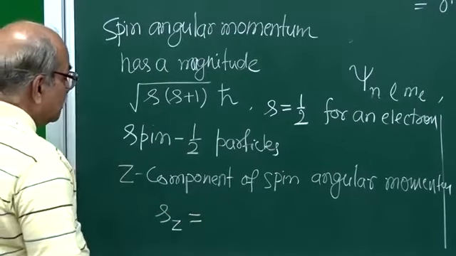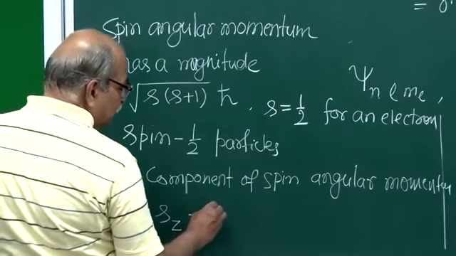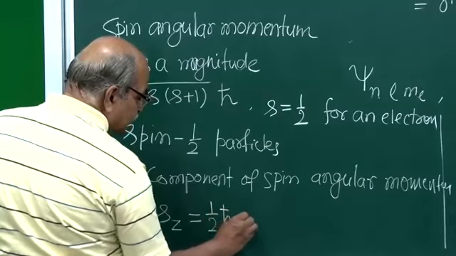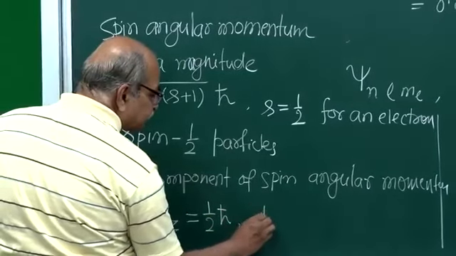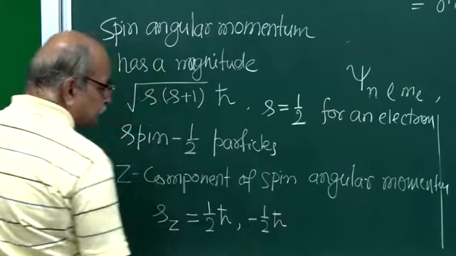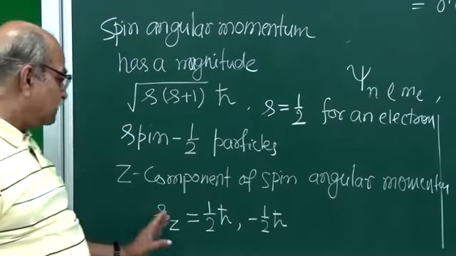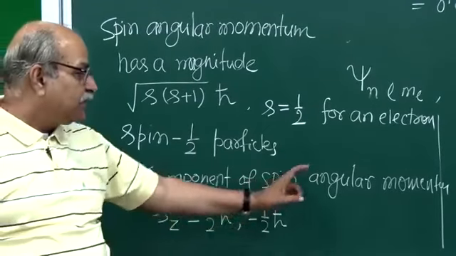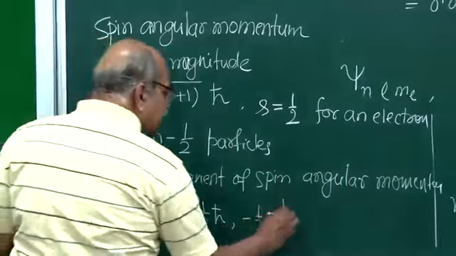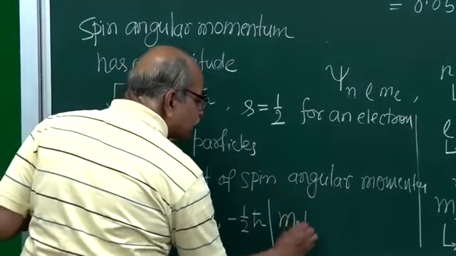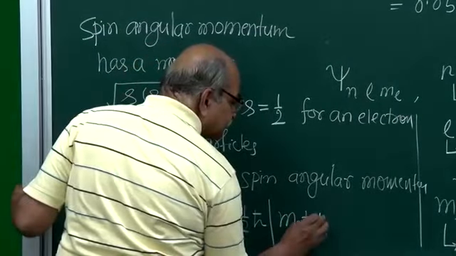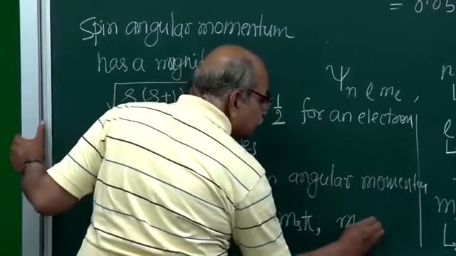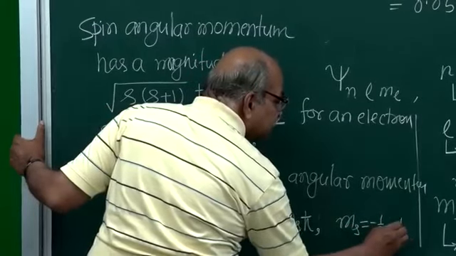These two possible values are half h cross or minus half h cross. So these are the two possible values of Sz, that means possible values of the z component of spin angular momentum. You can write this as ms h cross, where ms is minus half or plus half.